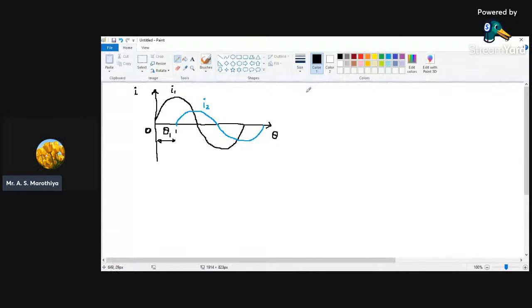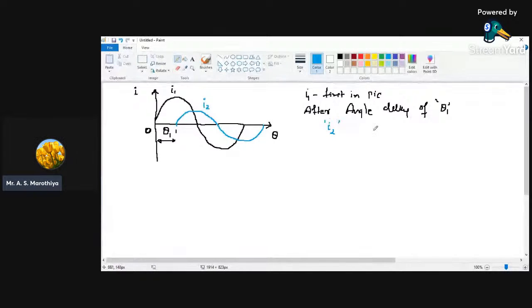So I1 comes first in the picture, and then after an angle delay of theta, or you can say theta 1, we have another quantity, and the quantity is I2.